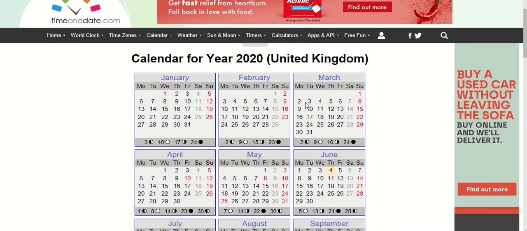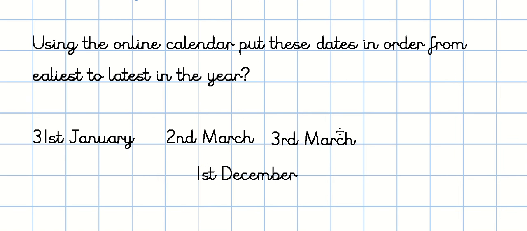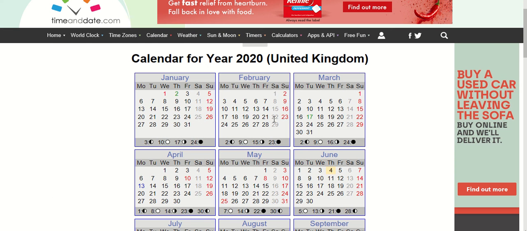After the 2nd of March comes the 3rd of March. Remember, we don't put the biggest number first, we actually put the smallest number first, because the dates go from smallest to biggest. Because we're 2 days into March, whereas the next date we are 3 days into March.